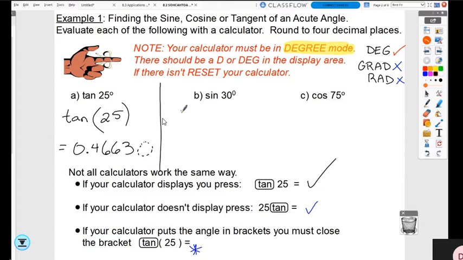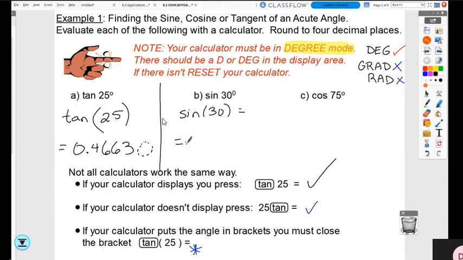How about sine 30? So in your calculator, you type in sine, and it opens up. Type in 30, close the bracket, hit equals. And what did we get as a decimal? For this one in particular, sine of 30 is exactly 1/2.